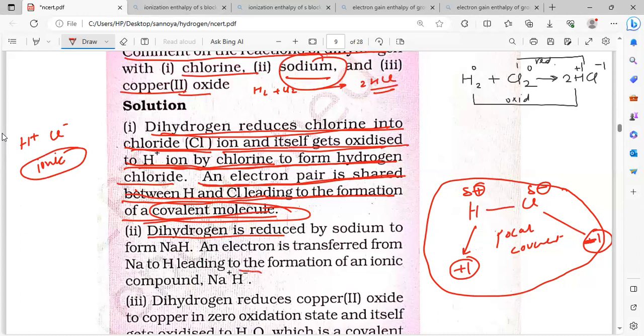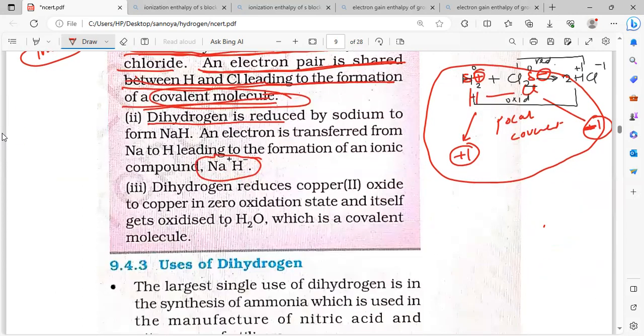Second one, with the sodium. Sodium forms the ionic hydride. Dihydrogen is reduced by sodium to form NaH, and an electron is transferred from the sodium to hydrogen, leading to the formation of an ionic compound. Is there any problem? Sodium configuration, sodium is 11, so that is 2, 8, 1.